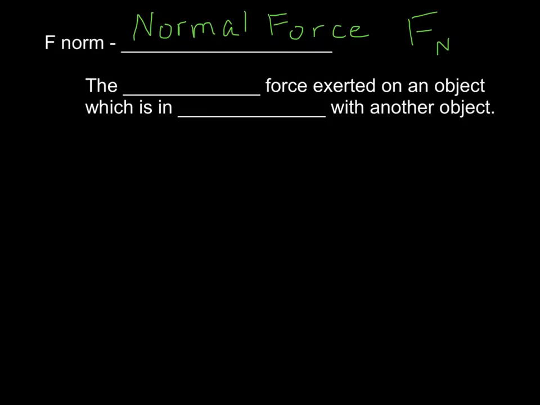The easiest way to think about what the normal force is is to think about one object that's resting on another. The normal force is the support force exerted on an object which is in contact with another object.